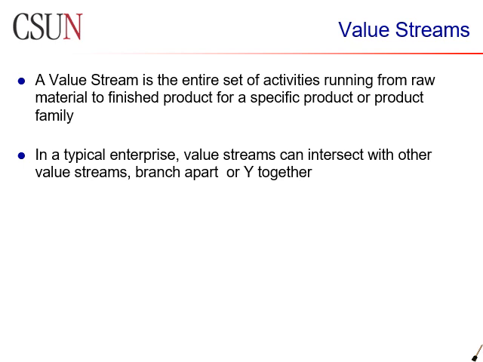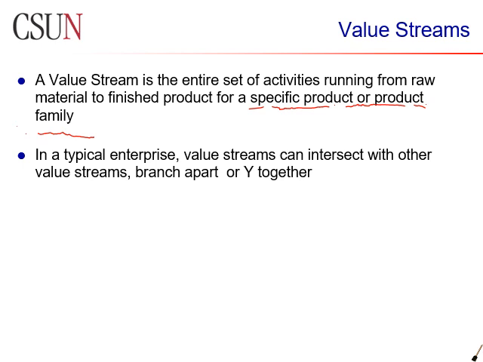As written here, it's for a specific product or a product family. If you're producing one product, two products, three products, you can draw a value stream map for each of them. But when you're producing a lot of products, it's very difficult to draw a huge number of value stream maps.